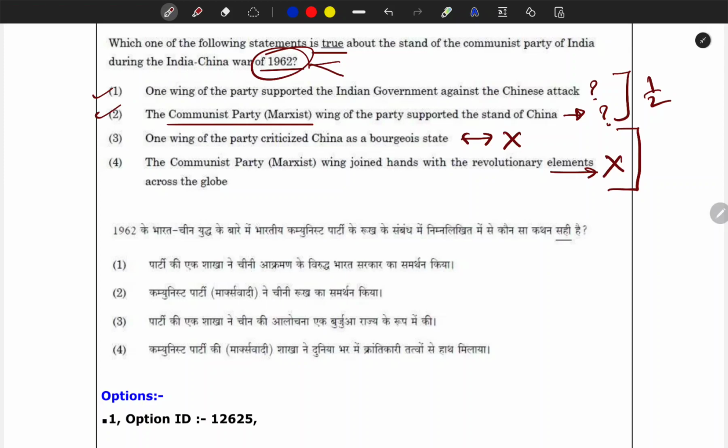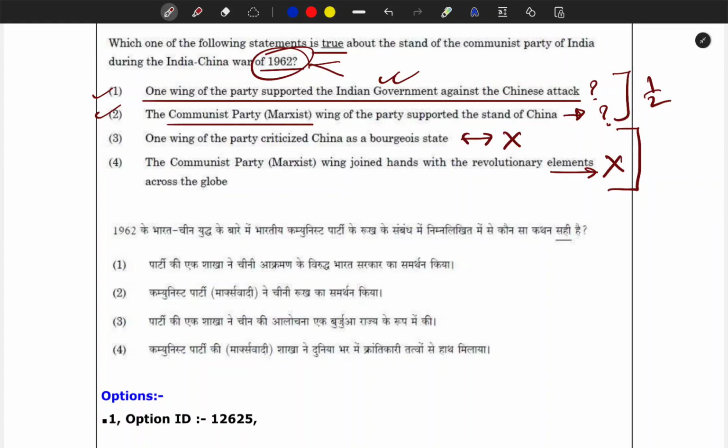Okay, so here I don't see any problem in this statement. More important, this is a progressive statement, that one wing of the party supported the Indian government. For me this is a progressive statement, because at that time we already know that the Communist Party was so criticized because of its rift.